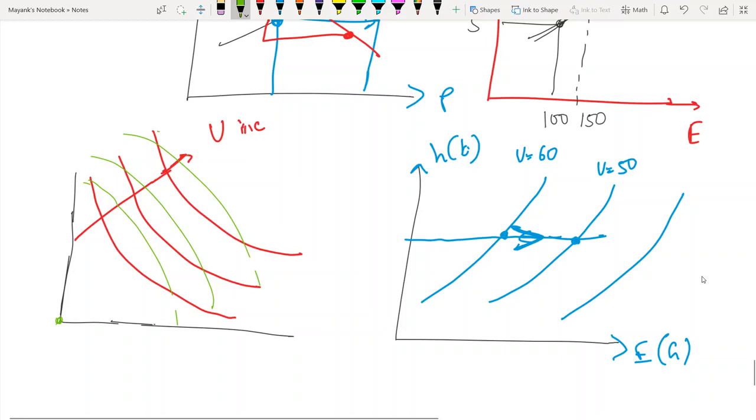Whether it looks like this or not is a different matter. It may look concave or convex or straight lines, but the only thing you can say for sure is that utility will be increasing in this direction, and that is why you will consume zero amount of both goods. Let's say you are stuck with just two bads, and there is no other commodity to choose, then you are going to do zero amounts of both the things.